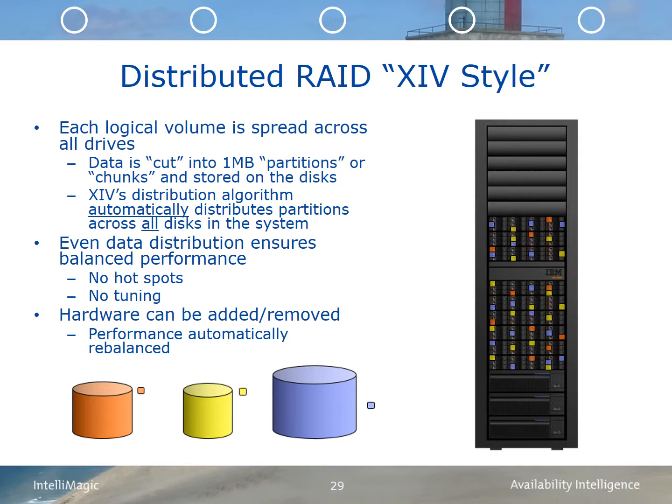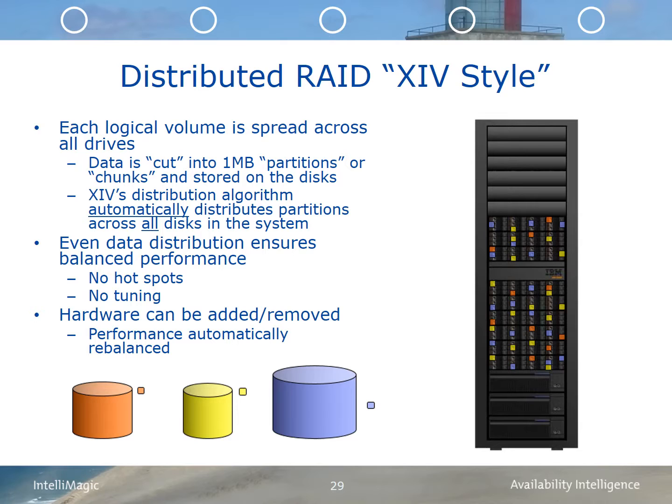So another option is to use a distributed RAID, something like what the IBM XIV uses. In this case, they cut each volume into 1 megabyte partitions or chunks, and they spread these evenly across all of the available disks.